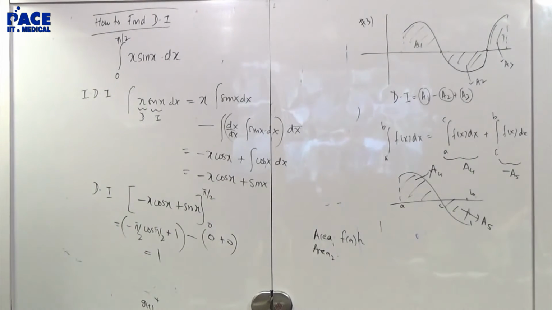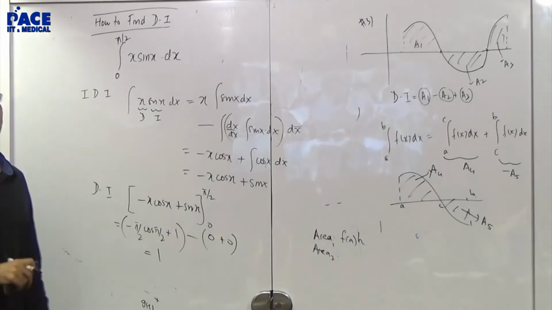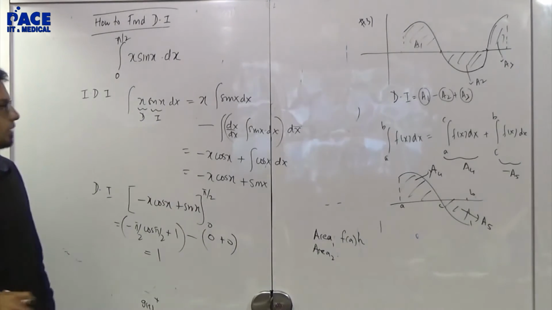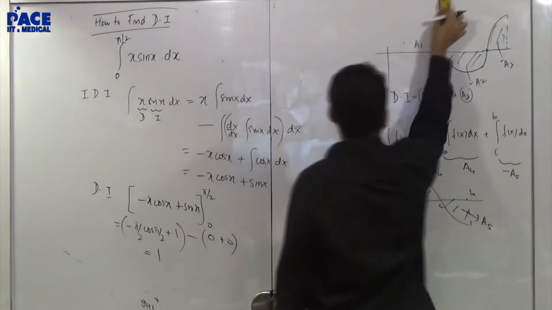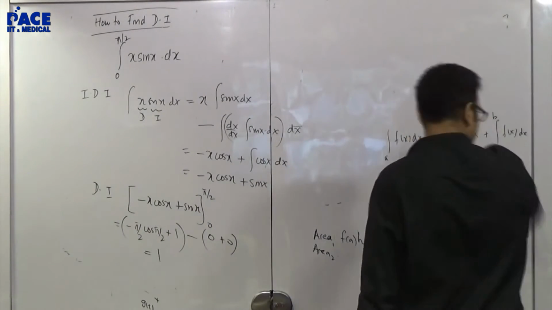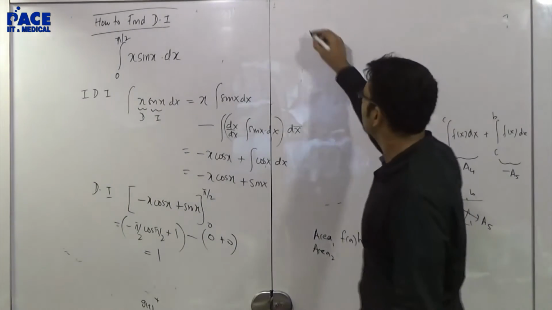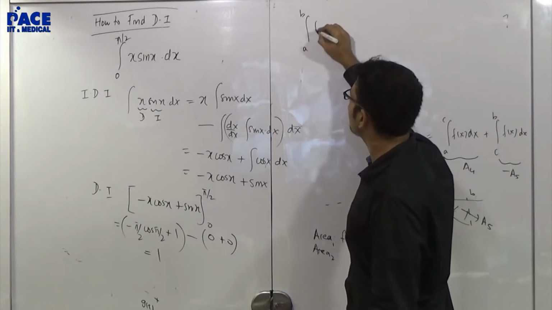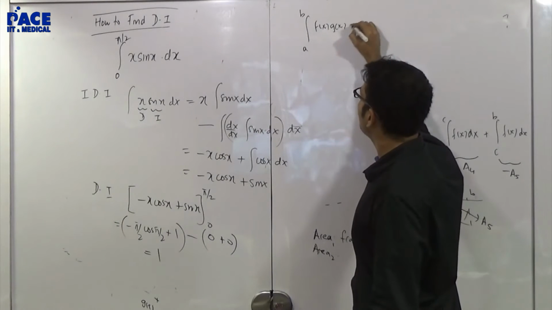Now, the problem actually comes in when you use by parts. The formula of by parts, I just wanted to demonstrate this. Integral a to b of f x g x.